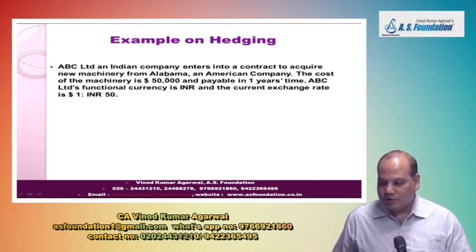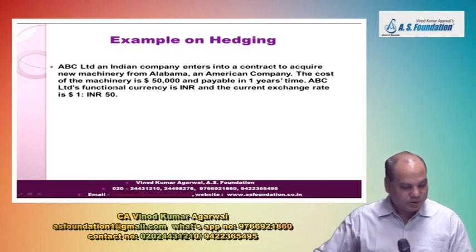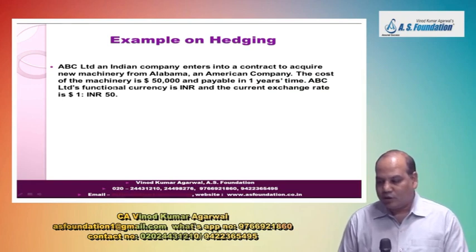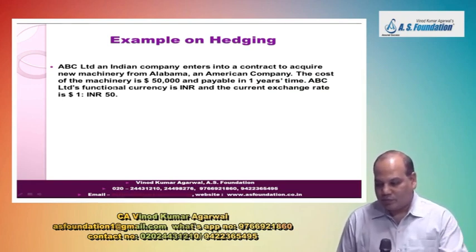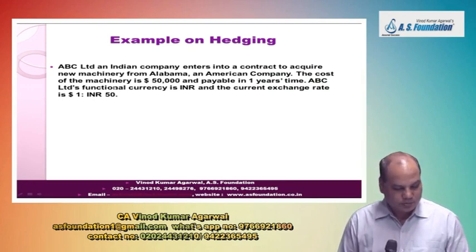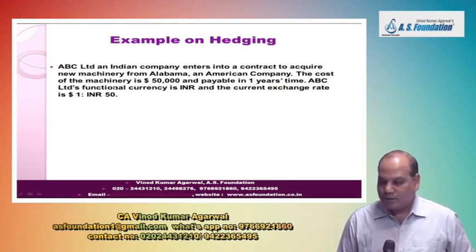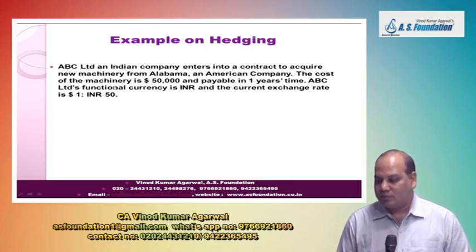Now, an example of hedging. ABC Limited, an Indian company, enters into a contract to acquire new machinery from Alabama, an American company. Is it printed in your book also? The cost of the machinery is $50,000 and payable in 1 year's time.